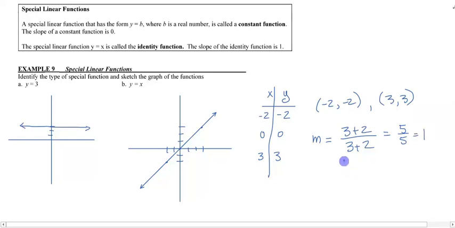Let's go back to this one and see why the slope is 0. You could pick a couple of points off of there, and let's say that this is the point 3, 3, and this is the point negative 5, 3. Let's see what that looks like when we find the slope. Slope is going to be 3 minus 3 over 3 minus negative 5.